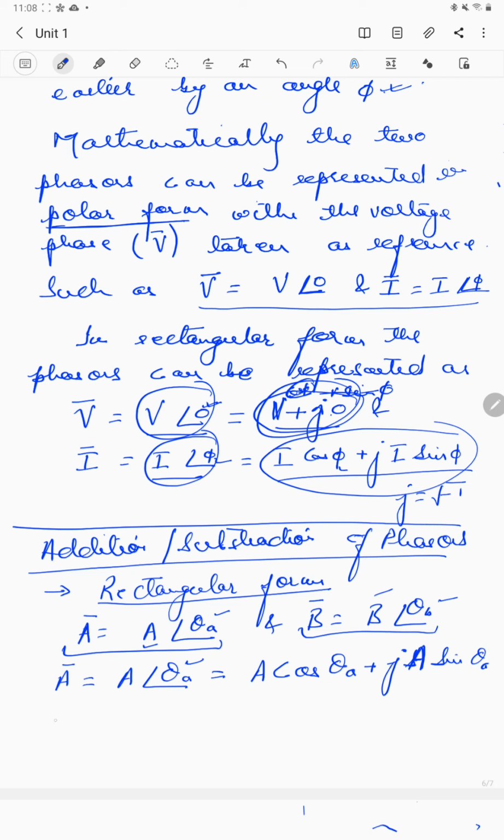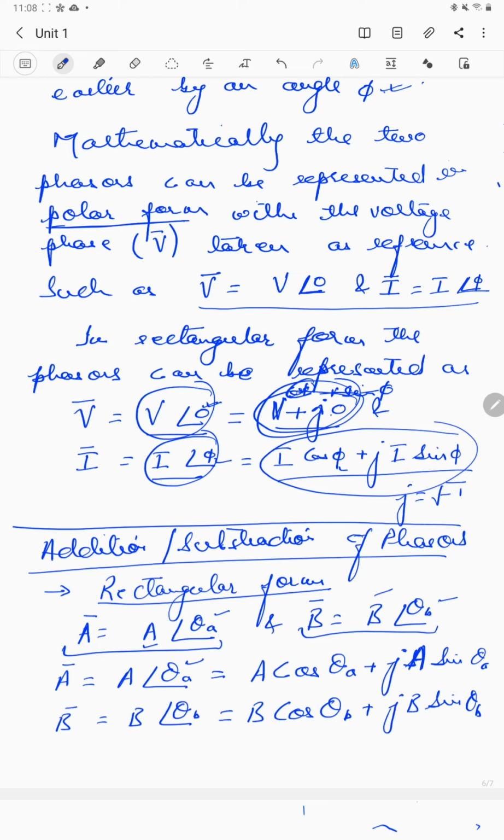Okay. Similarly, B angle theta B will become B cos theta B plus j B sin theta B.